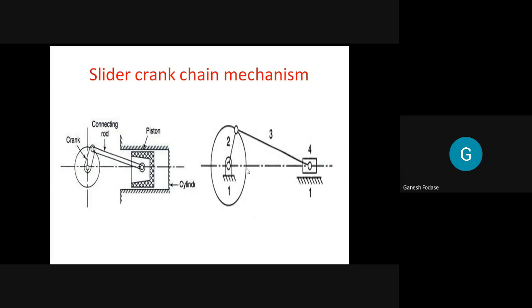If I rotate this link number 2, this link number 3 transmits motion of this link number 2 to link number 4. And we obtain corresponding reciprocating motion of link number 4. So what happened here? Motion transmission takes place. So I can call this as a mechanism, as it is used to transmit only motion.